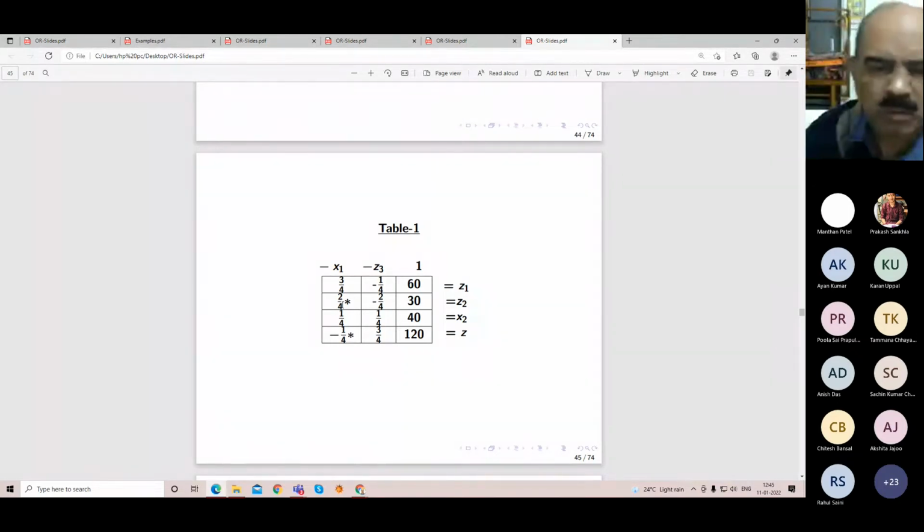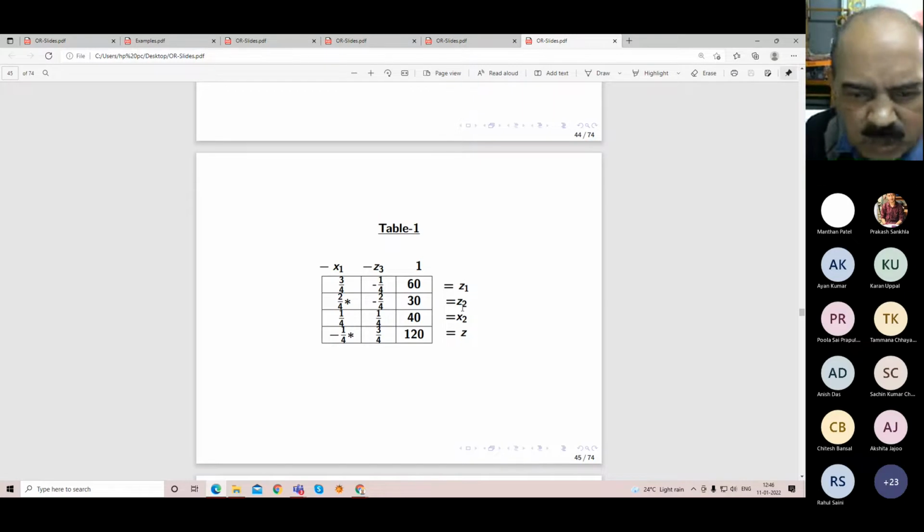So we want to formulate a new table. First one is table 0. Now it is table 1. Next is table 2. First, what is the work? We will relabel, in the first column and in the second row. In place of minus x1, we'll have here minus z2.